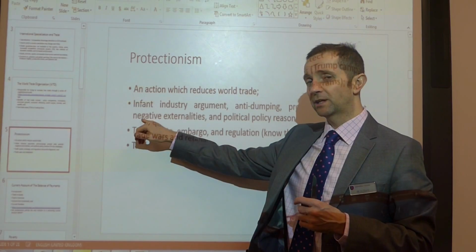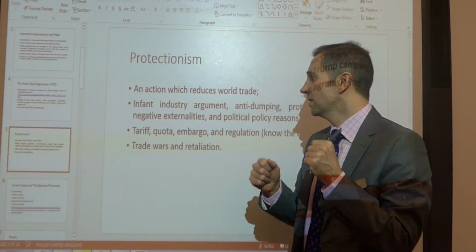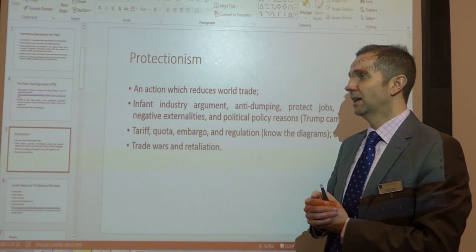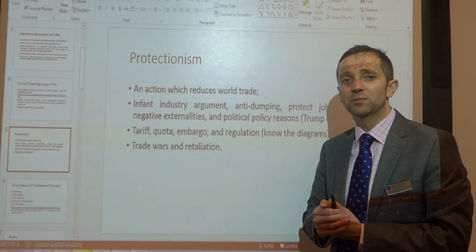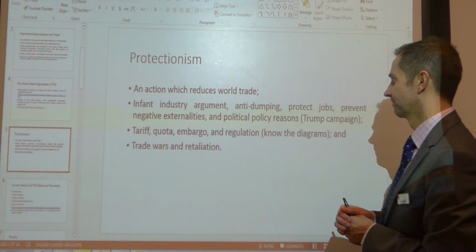And getting back to the pollution, to prevent negative externalities, you can put up protectionist policies so you don't get so many of these goods being produced, therefore the environmental damage is less.